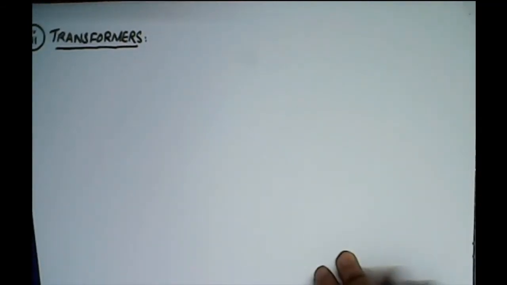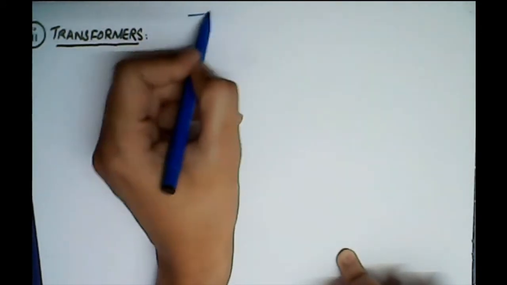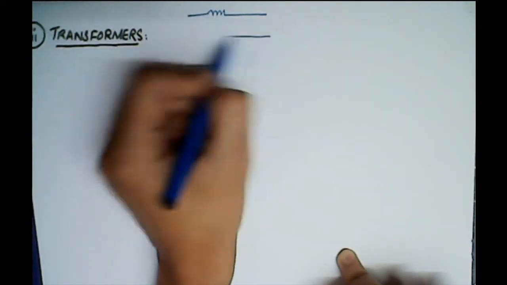Now here we need to be a bit attentive. We know what is the equivalent circuit of a transformer. The equivalent circuit of a transformer is fairly simple. I am talking about the simplified version, so it is like this.